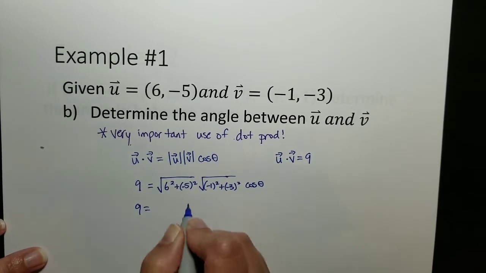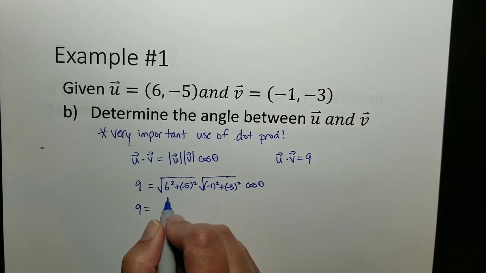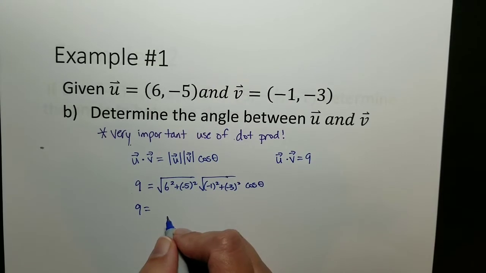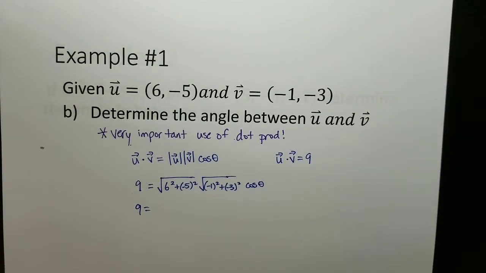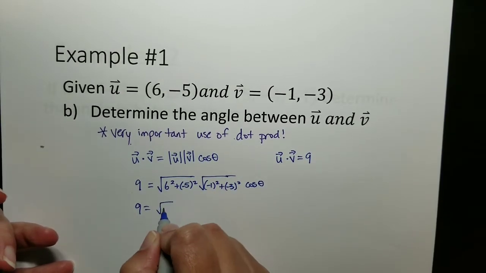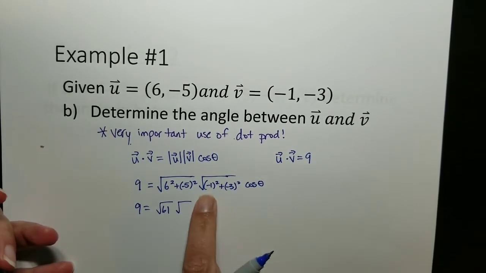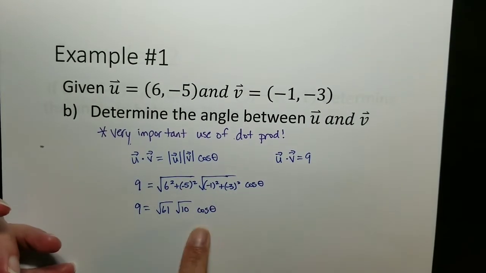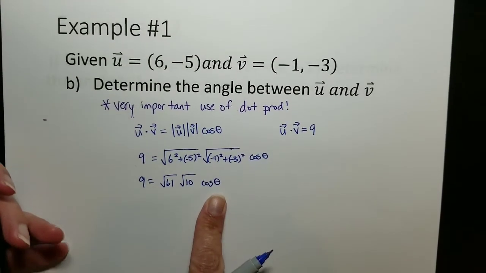So 9 equals the square root of 36 plus 25, and then the square root of 10. I'm not going to make too much of a mess here, but I'm going to need my calculator to figure out cosine. So we've got root 61 and then root 10 times cos theta. I need to solve this for theta to get my angle.